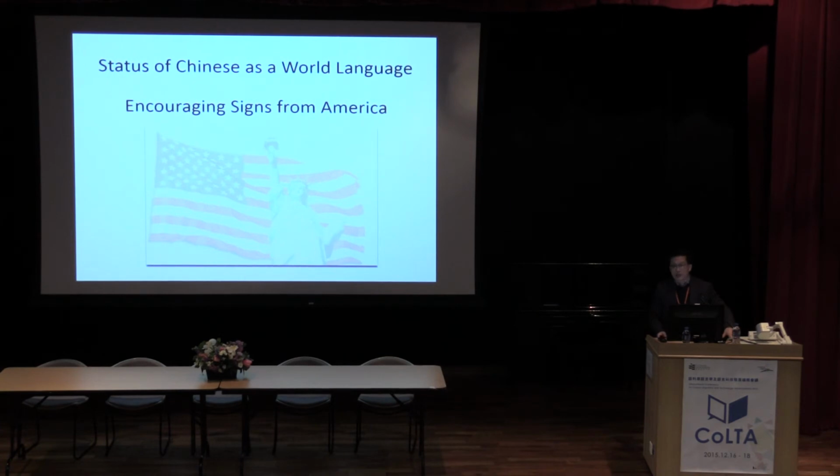So the organizers proposed a huge question about basically the status of Chinese, whether Chinese is going to be a major global language. We all know what a global language means.